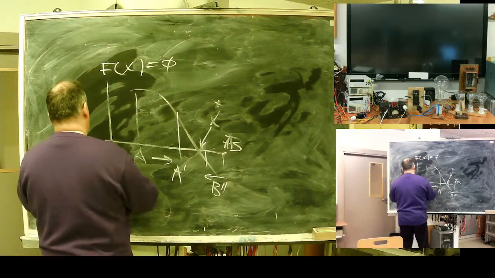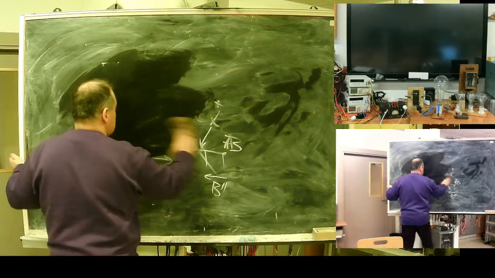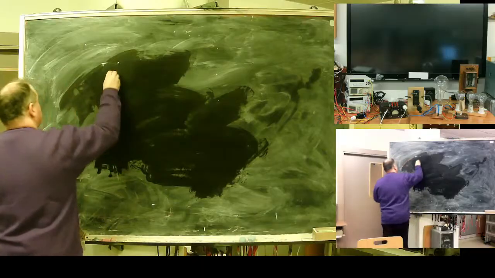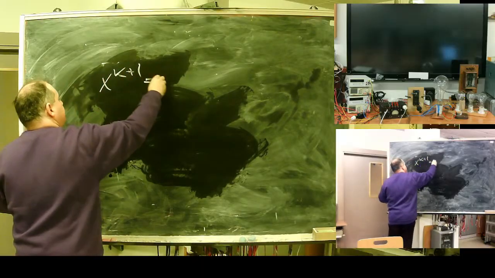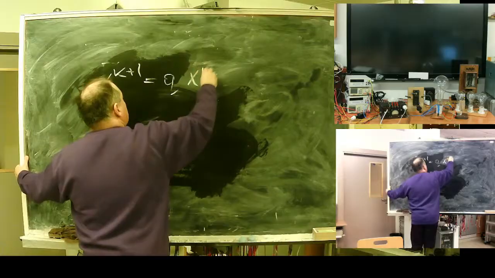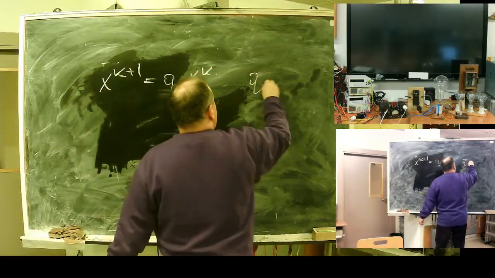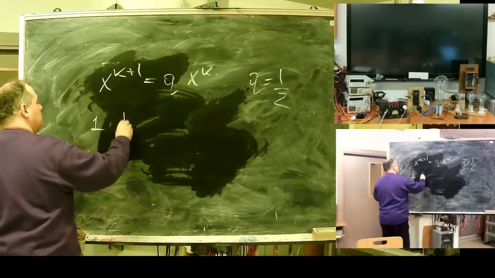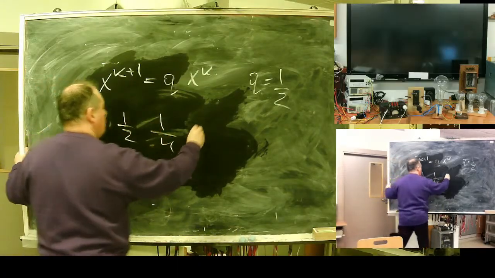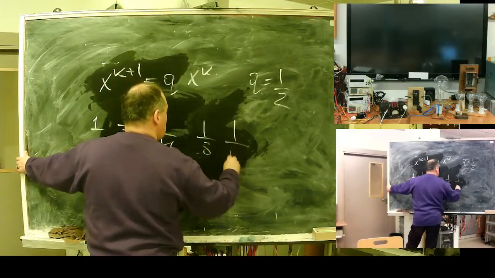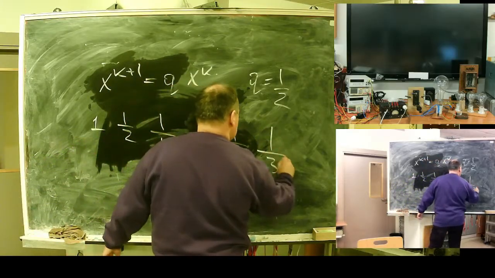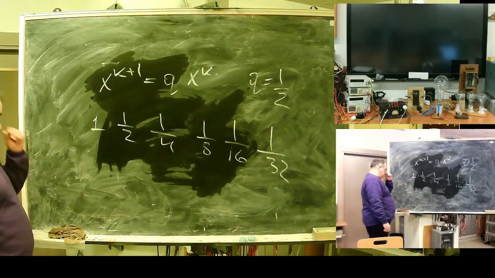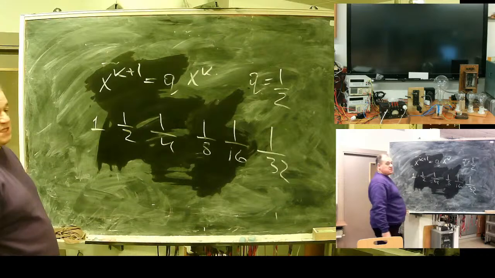Here is where the idea is. Here we have a row: 1/2, 1/4, 1/8, 1/16, 1/32, and so on. What's the sum of this row?